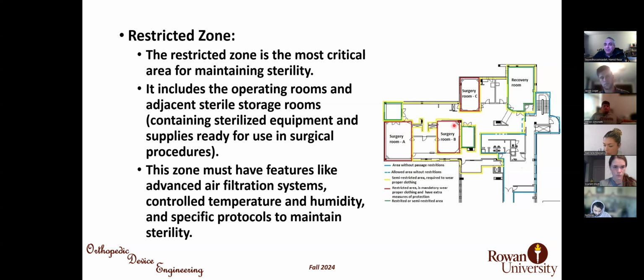They may not be inside the room, they are beside the room in another room. That this area is the second one is restricted area, because it is in close contact with the operating room in which a surgery is being performed. So if we want to enter this storage area, the second storage area, we need to respect the rules.